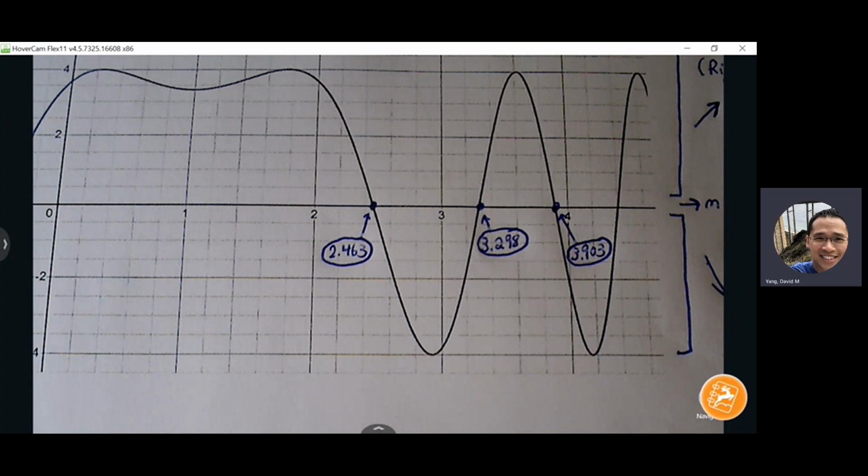Yeah, exactly. It's gonna change your X min.